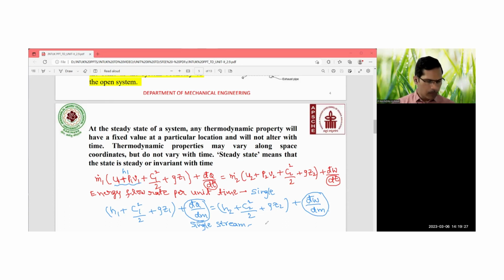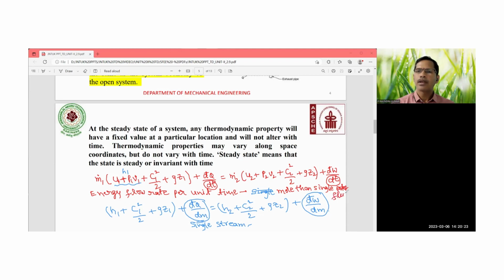When more than one fluid stream is involved, the basis of energy flow per unit time is used, as it is more convenient for more than a single inlet.